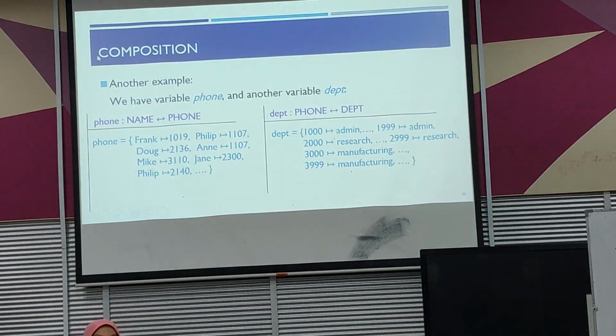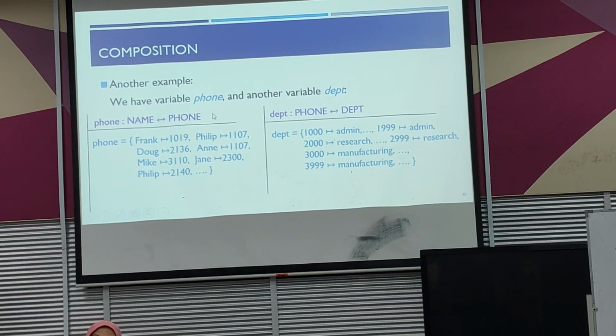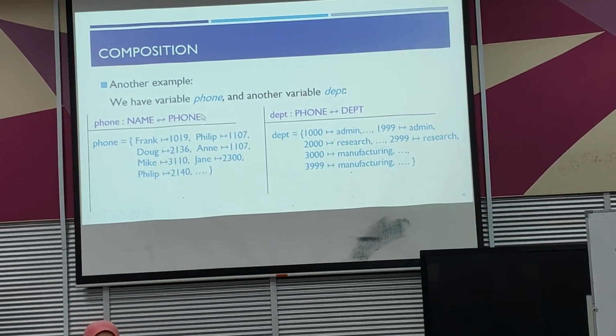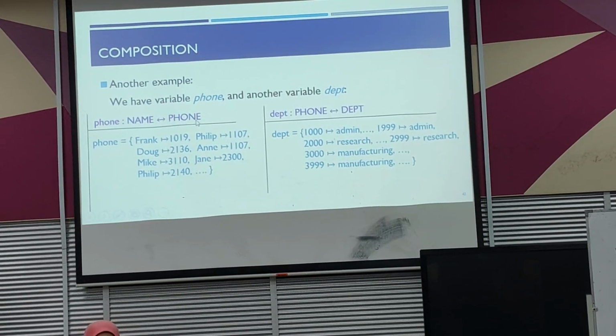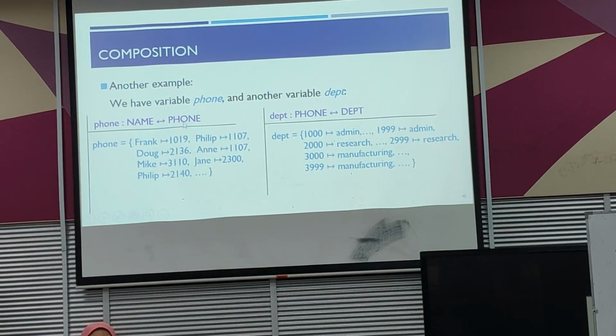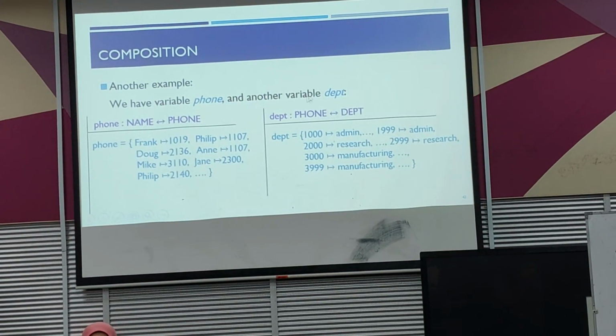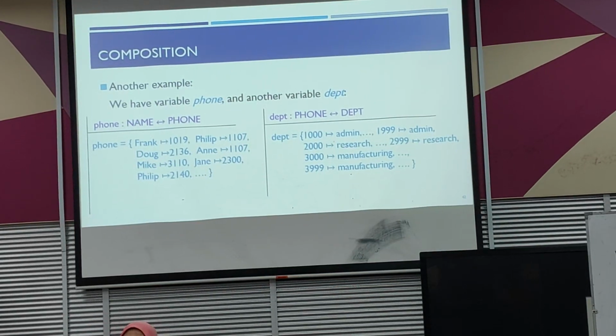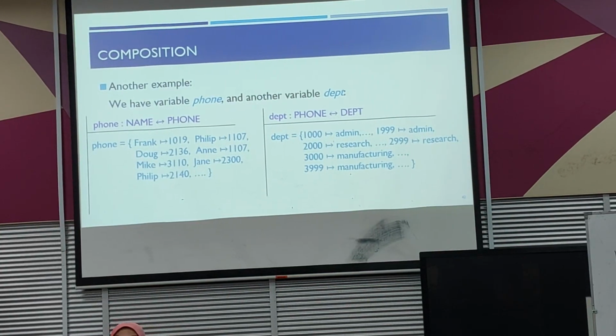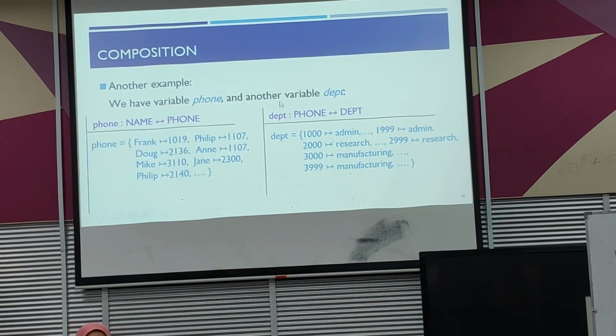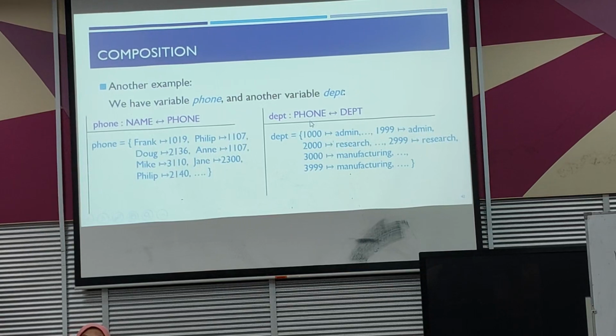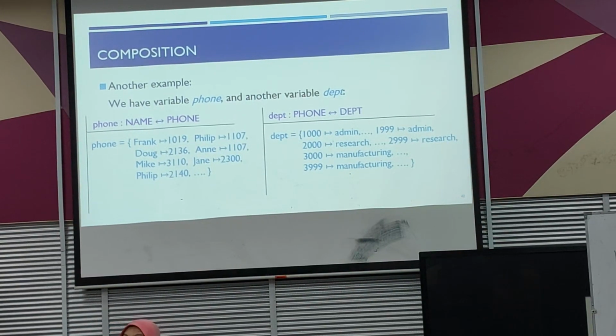So this is another example: phone, department. Make sure that here is phone, and here also phone: the range of this one and the domain of this one are the same type. Different type cannot, it's not matching. Even though both are phone numbers, the type here is PH and here is phone, so they are two different basic types and you cannot combine.